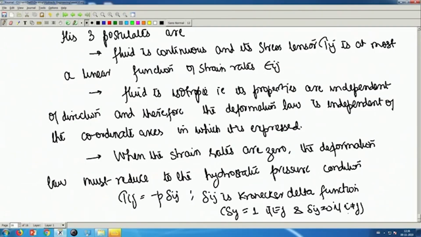All right. So this was his three postulates that Stokes said. The last postulate is valid for the hydrostatic pressure condition.